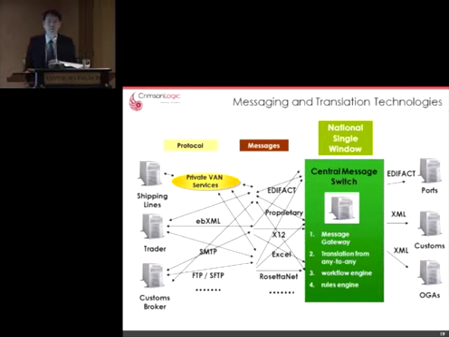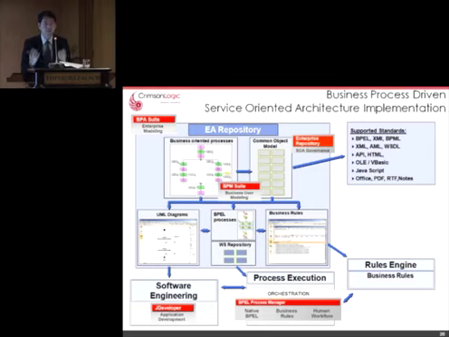Okay. Another technology trend is the service-oriented architecture, because there are many OGAs that have their own IT system. So to integrate that, basically you need to have a flexible architecture in order to put that together.